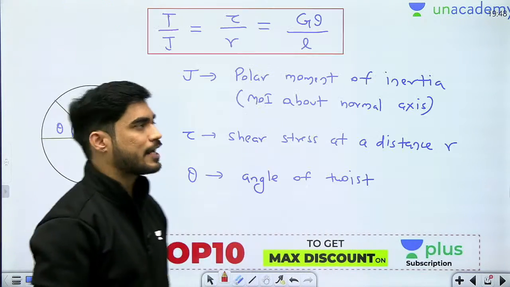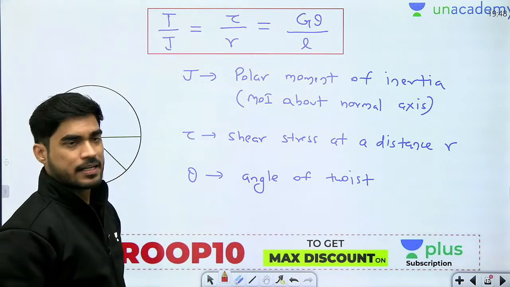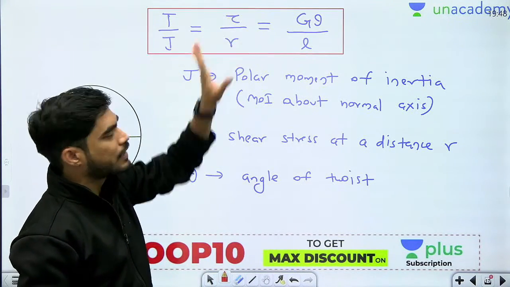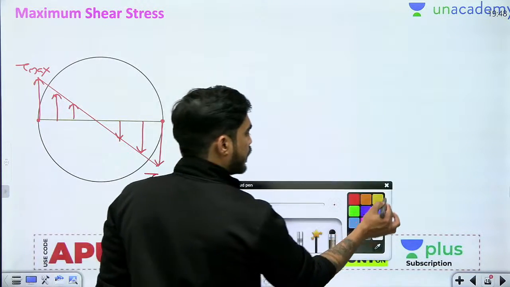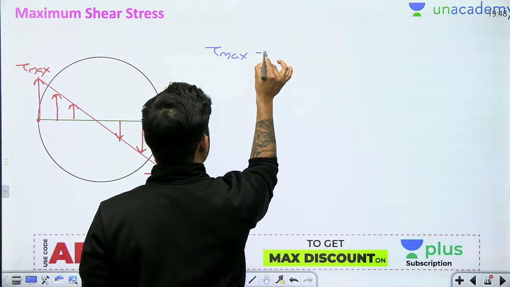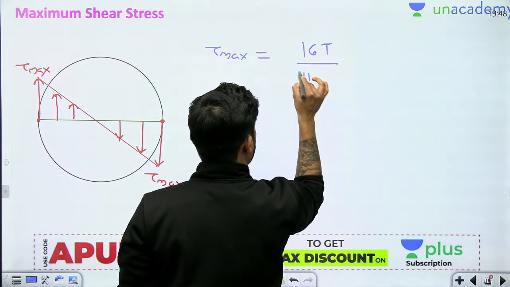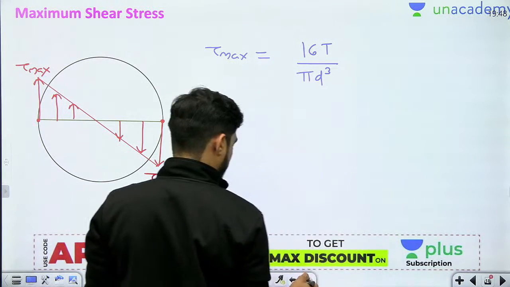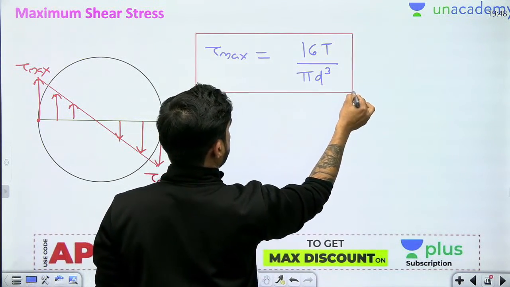Now beta, we need to remember the equation of tau maximum. So how do we get the equation of tau maximum? T by J is tau by R. So if you put R maximum, you will get tau maximum. And for a solid circular shaft, the equation of tau maximum is given by tau maximum equals 16T by pi d cube. This is the equation for solid circular shaft.